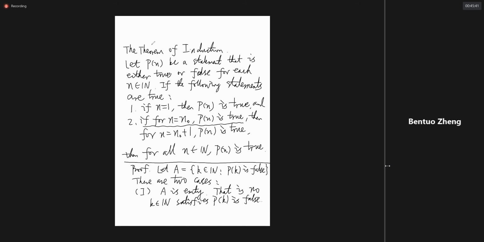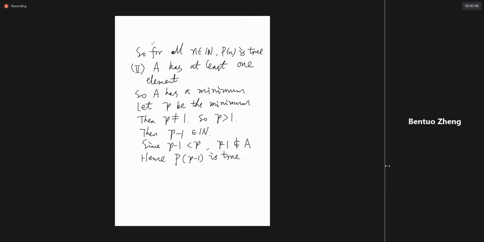So if P of P minus 1 is true, by property 2, P of P minus 1 plus 1, the next one, is true. So that is P of P is true.